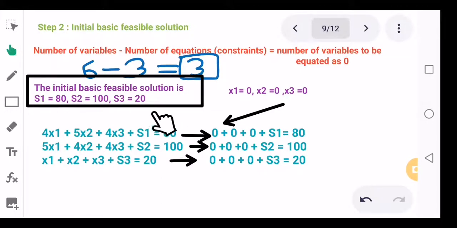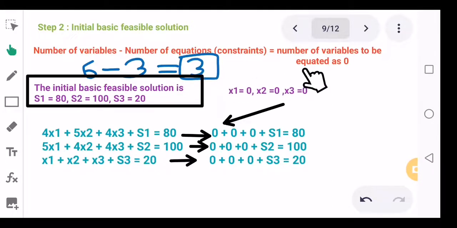We got the solution when we assumed x1, x2 and x3 to be equal to 0. And why do we assume this to be equal to 0? Because as per the logic that we used, we need to subtract the number of equations from the number of variables to get the number of variables that has to be assumed to be 0.